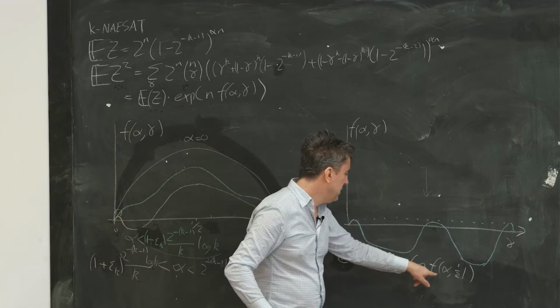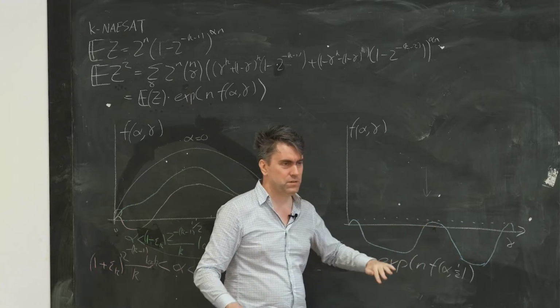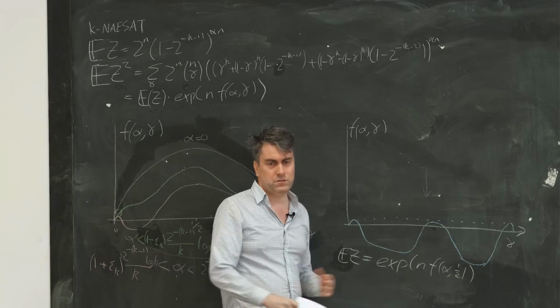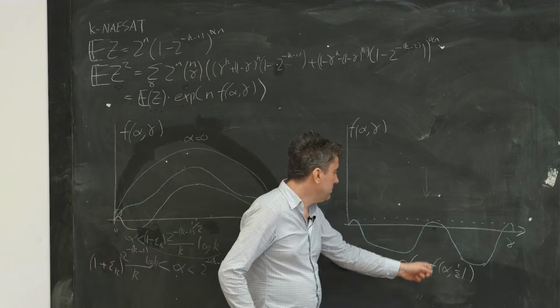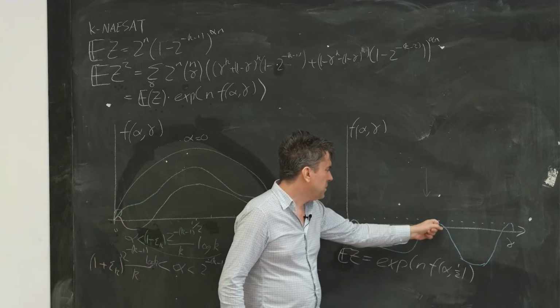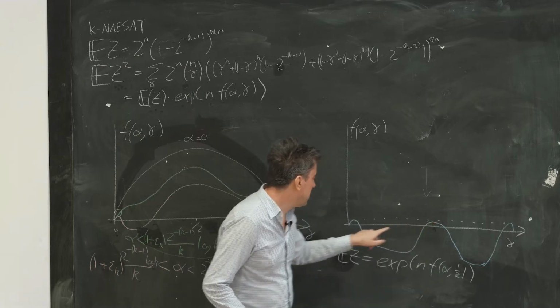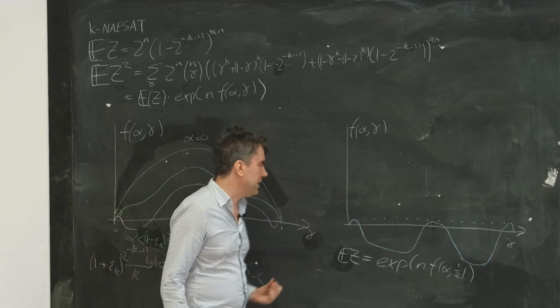So when the function there hits 0, that means the expected value starts tending to 0, and then you don't expect the second moment method to work anymore. But it stops working a little bit before that. It stops working when this maximum becomes the same height as these maxima at the endpoints.